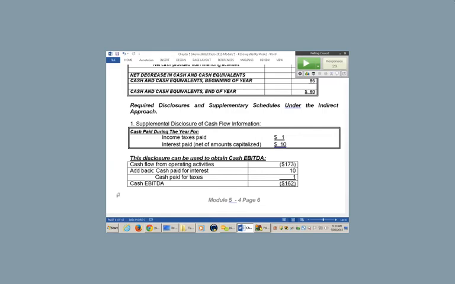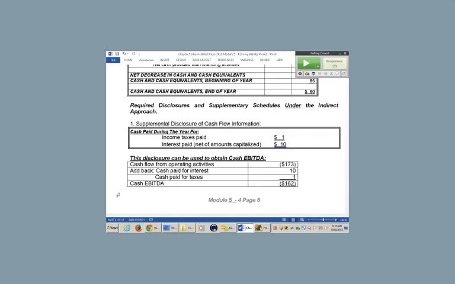Yes, Sal? Depreciation is already added back up here. So I've already added back the depreciation. I've already excluded the depreciation effect.